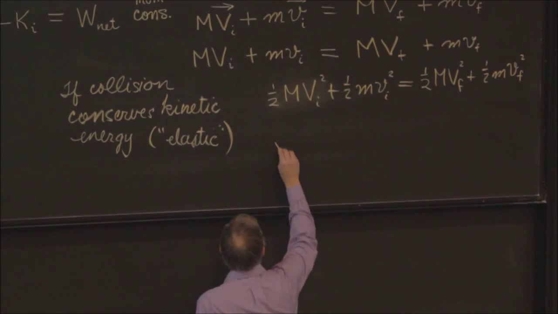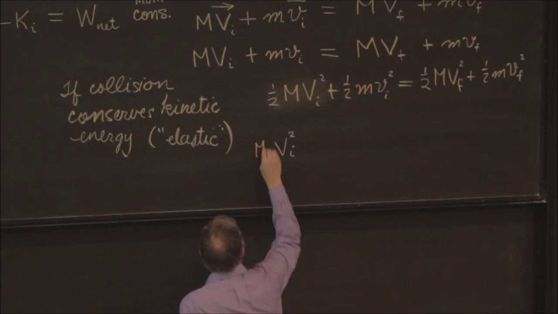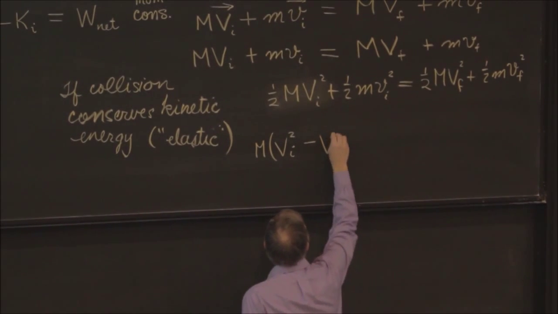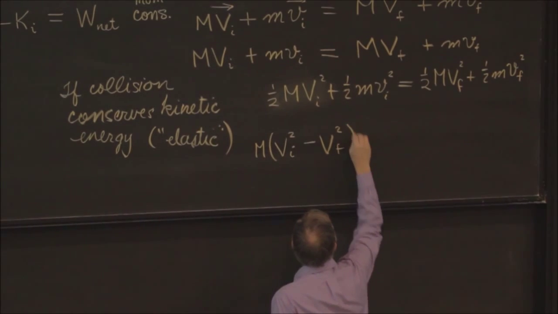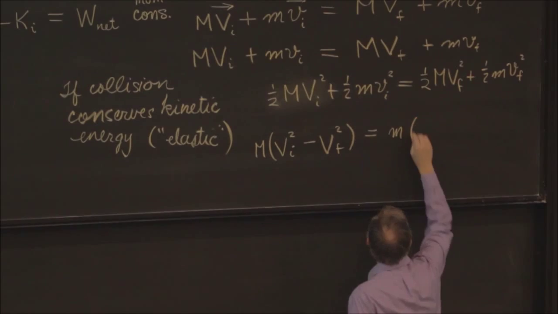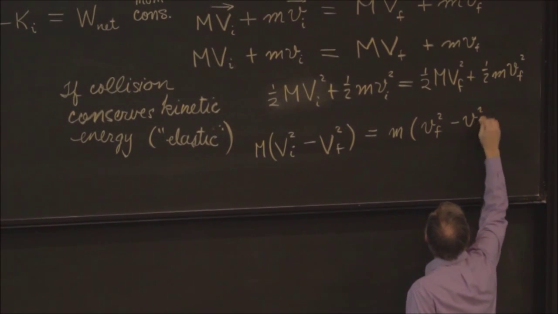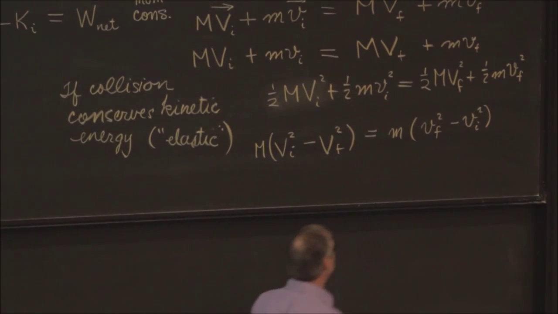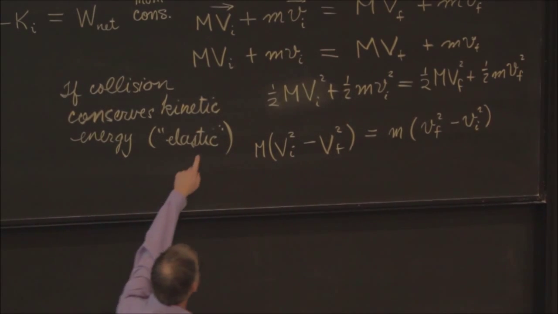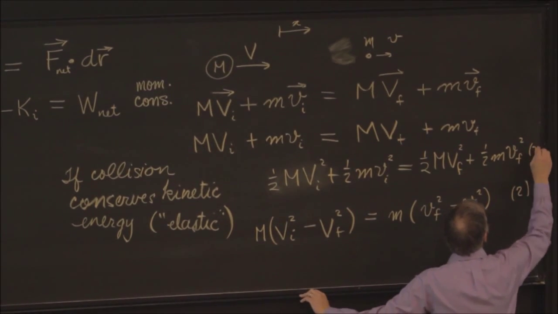So we'll have M times V initial squared minus V final squared is equal to little m times v final squared minus v initial squared. So this is the kinetic energy equation, number 2.